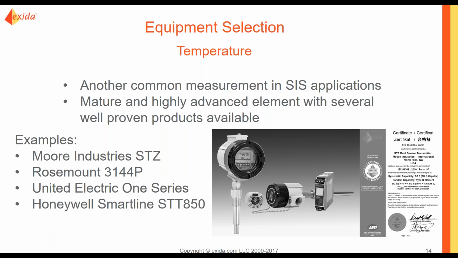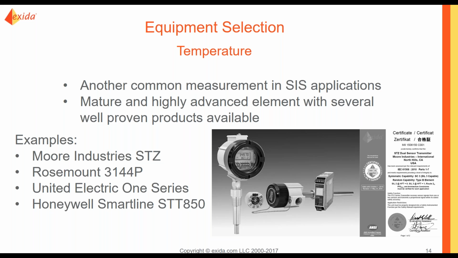Temperature is another common measurement in a safety instrumented system application. The instrumentation products available for temperature measurement are also quite mature and highly advanced, with several well-proven products available and some that are IEC 61508 assessed also. Here is an example.